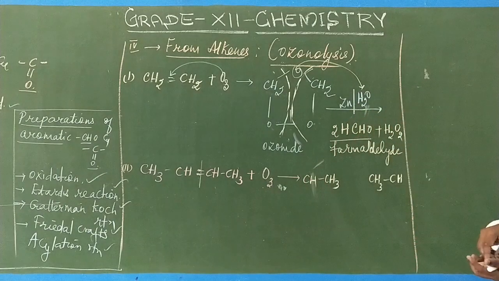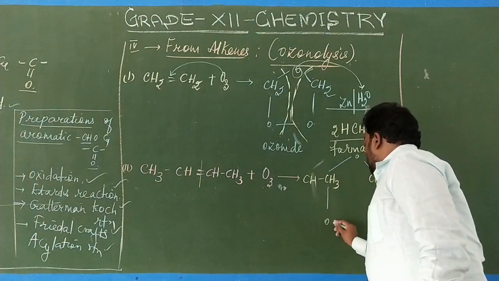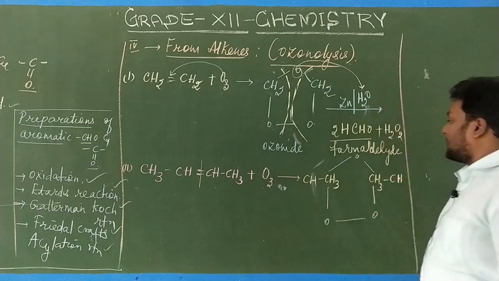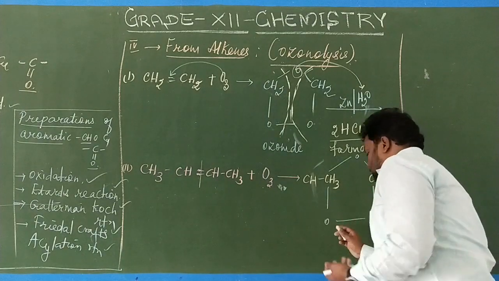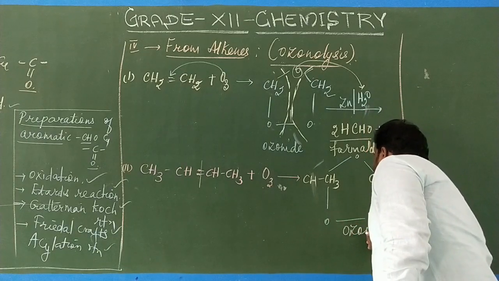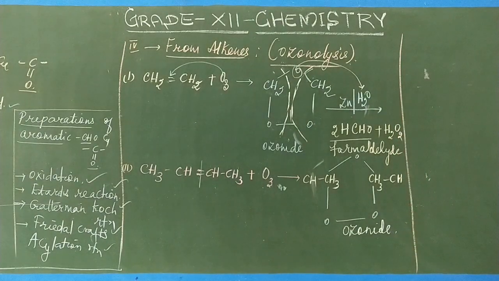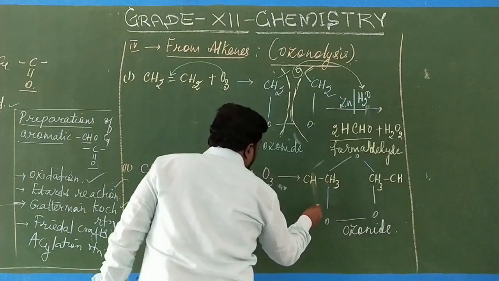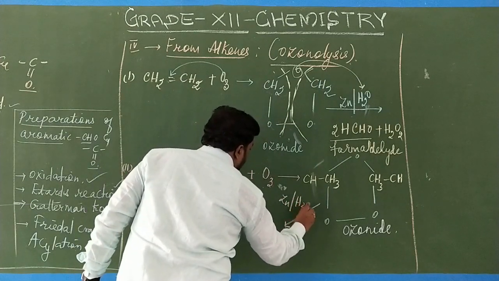Correct? But now what will happen? One oxygen, two oxygen, and three oxygen, like this it will be formed. Now this compound is called what? The compound so formed is called ozonide. Now this ozonide on further treatment with zinc and water, what will happen?